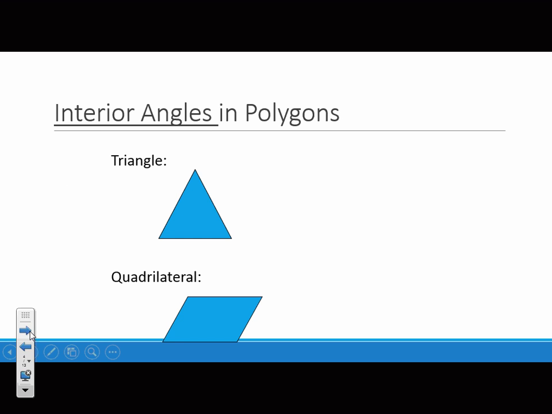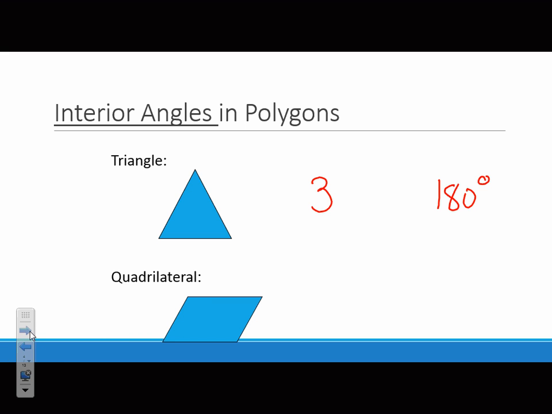All right, moving on. So now this part's going to be in your little table on your guided notes. And we're going to be talking about interior angles. So if we have a triangle here, our first column says how many sides does it have? Well, a triangle has 3 sides. Now we know a triangle is made up of 180 degrees. This is what we're going to use a lot of today.